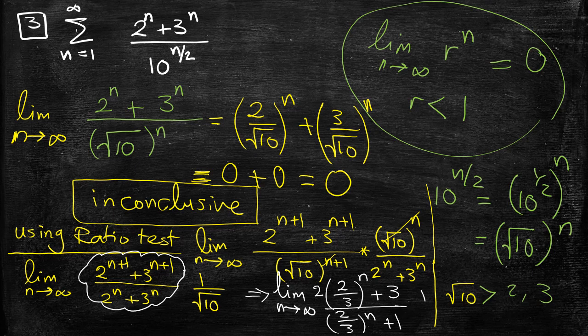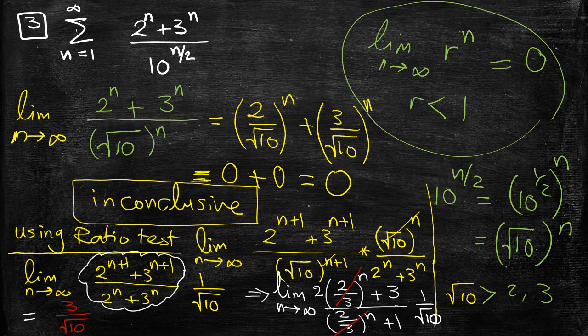And we have 1 over root 10, don't forget this term. We need every constant to be considered carefully. So when n approaches infinity, every fraction less than 1 will give you 0. So this is 0 and this is 0. So it means we will end up with 3 over square root of 10. Don't forget, square root of 10 is greater than 3.